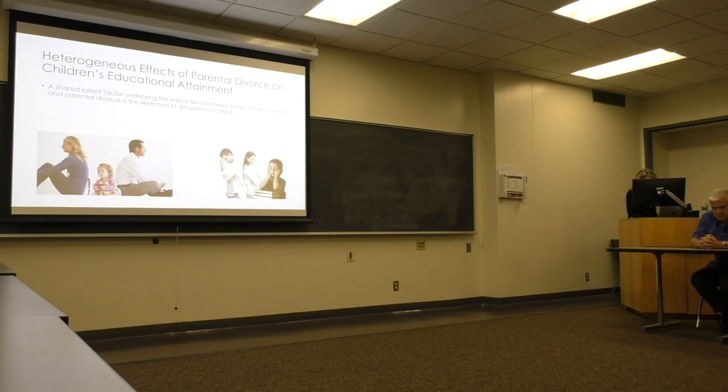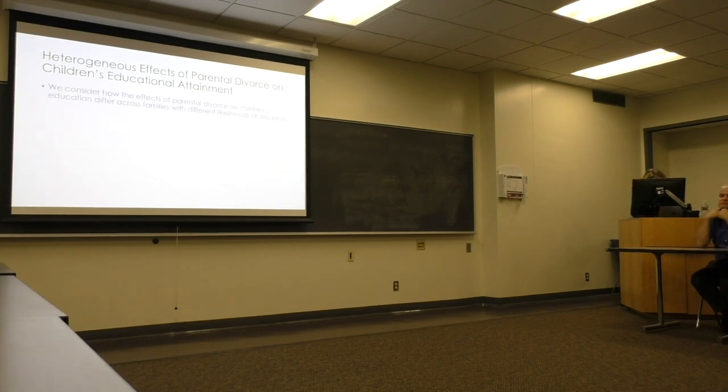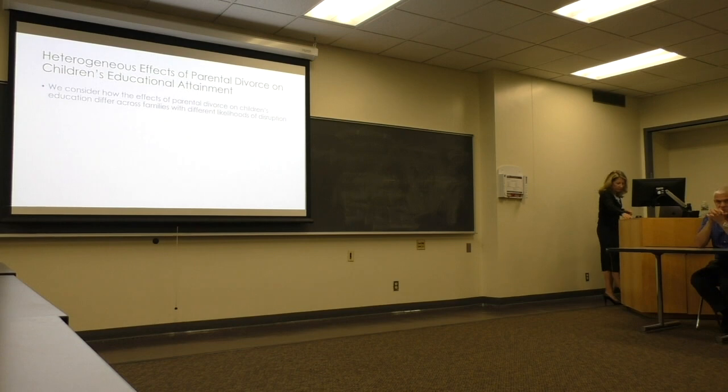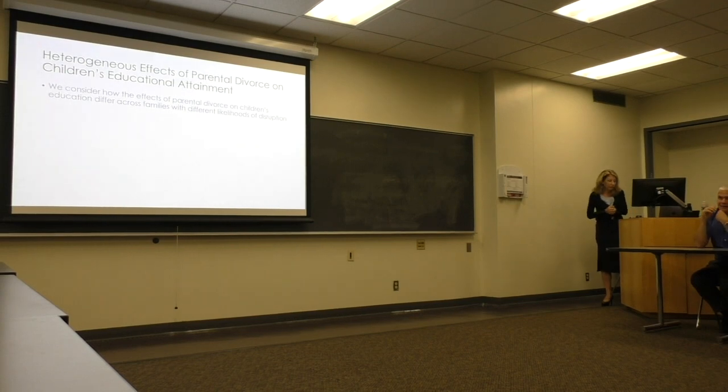Families differ in their expectation of and ability to adjust to disruption. So in this study, we consider how the effects of parental divorce on children's education differ across families with different likelihoods of disruption. That's in some ways the substantive rationale, but there's another rationale that involves selection processes.